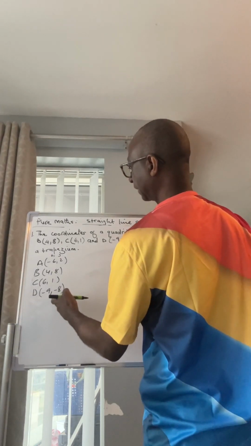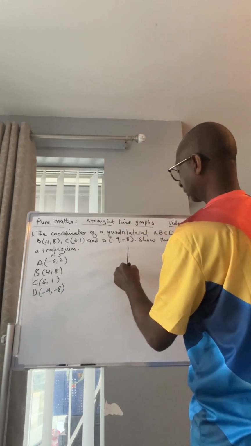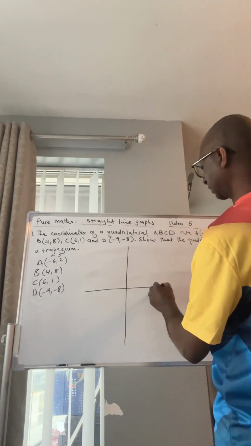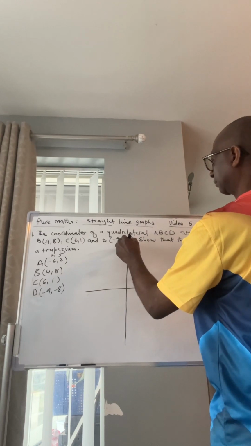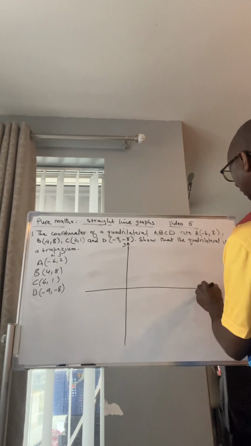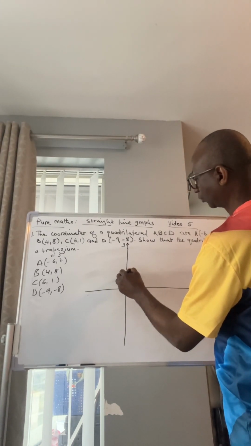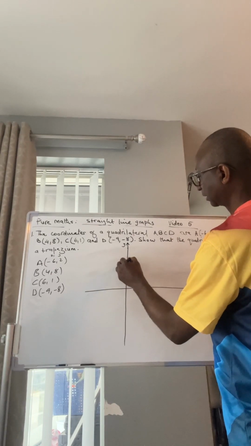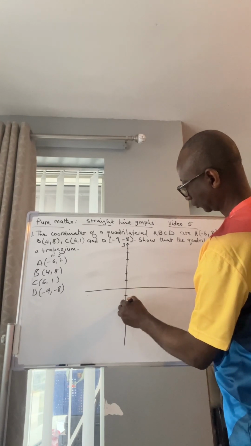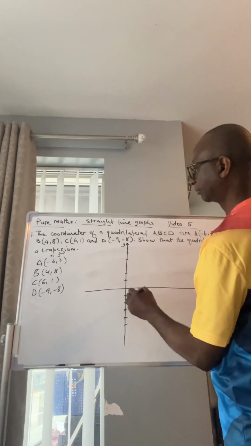We have minus 9, minus 8, and 8. So let's say this is our y-axis, this is our x-axis. Y-axis here, x-axis here. 2, 4, 6, 8, 10. 2, 4, 6, 8, 10.